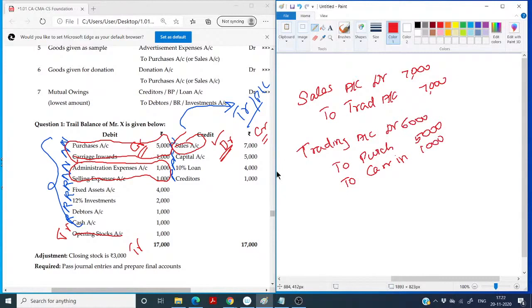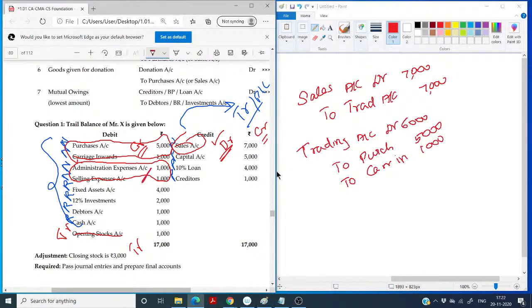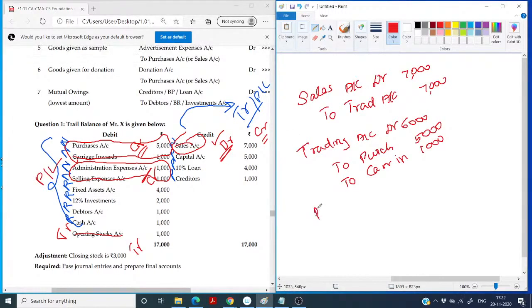Similarly, the admin and selling and distribution expenses are also going to be transferred. These accounts having debit balances can be cancelled by crediting them. As we are planning to credit the administration expenses and selling expenses, it should be debited to the place where it goes. These items will be transferred to the P&L account. So I am going to debit the profit and loss account, right?